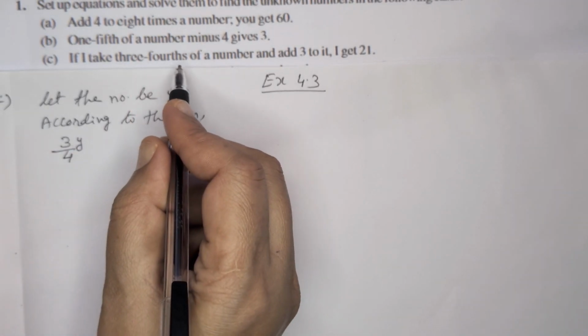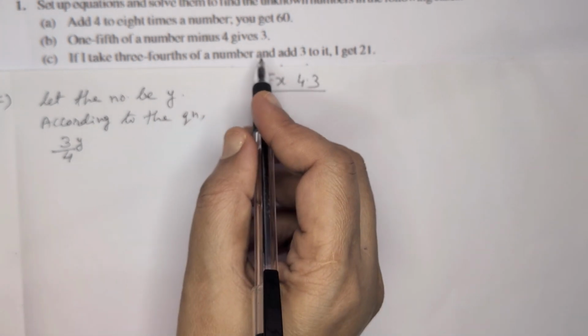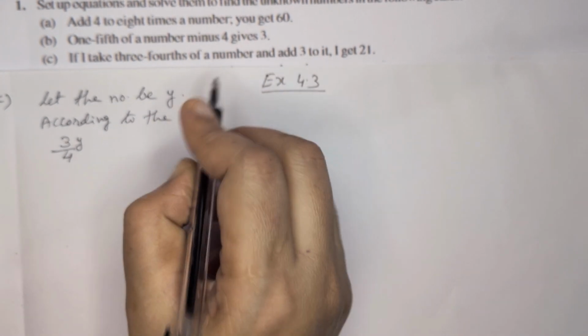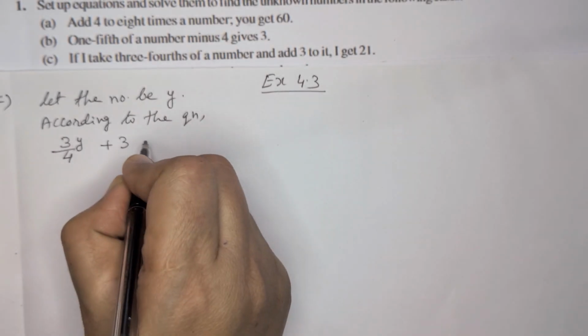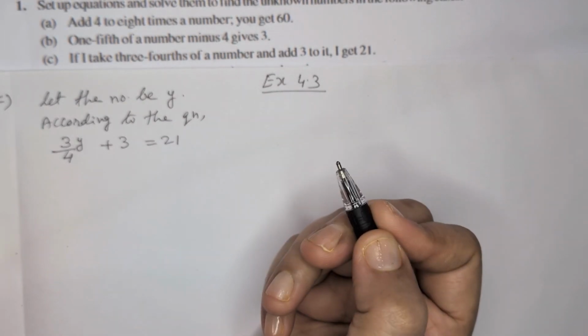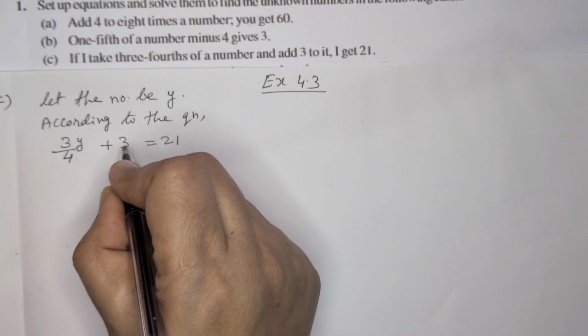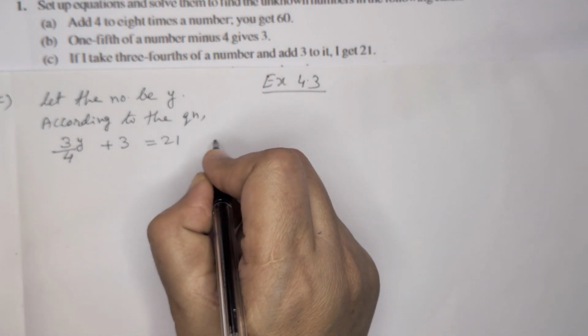If I take 3/4 of a number and add 3 to it, plus 3, I get 21, is equal to 21. First we have to transpose 3 to the right side.